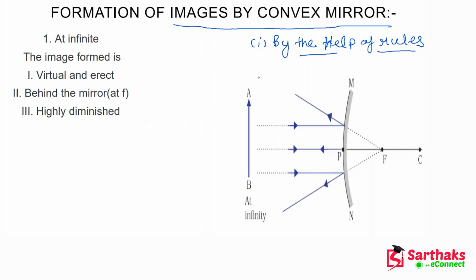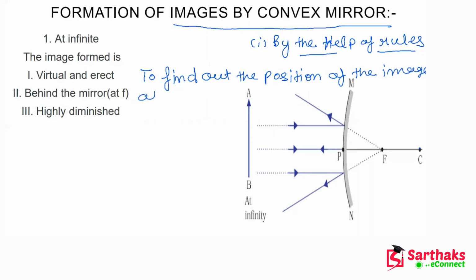So, what is our motive? Our motive is to find out the position of the image when we place the object at different locations, that is, to find the position of the image at different positions of objects.